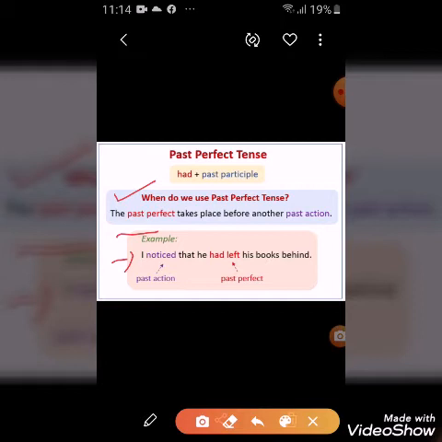In this sentence, noticed is a past action or past simple tense, and in the second portion, he had left his book behind, had left is past perfect tense. So if you want to combine past simple with past perfect tense, we can combine them in this way.